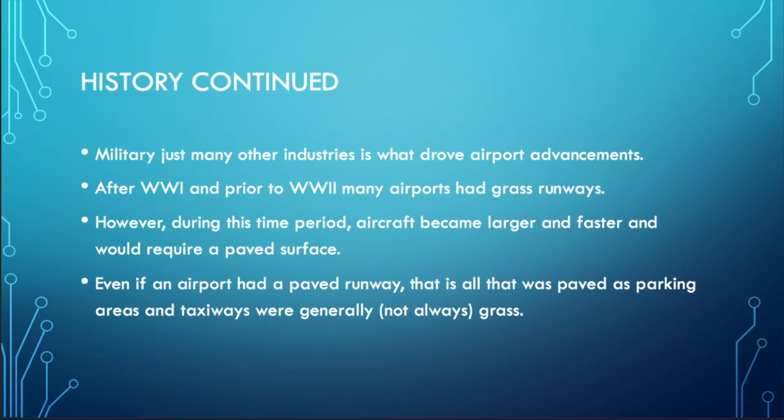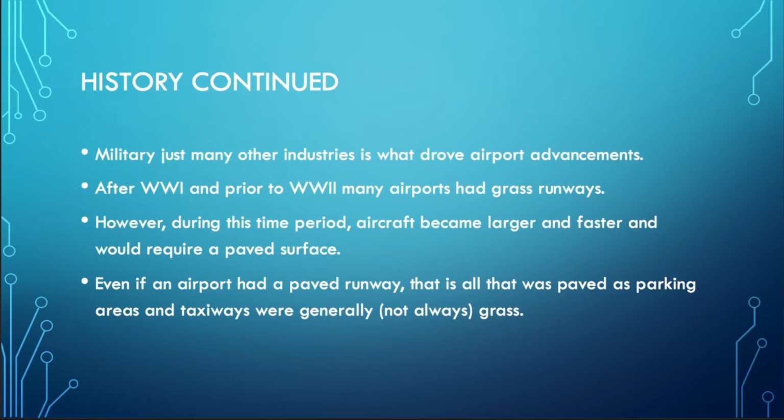However, during this time period, between World War I and World War II, aircraft became larger and faster. So they would start to need better runway surfaces to land these larger aircraft. We think of the B-17 Flying Fortress military bomber from back in World War II as a World War II bomber, but it was actually designed in the mid-1930s.